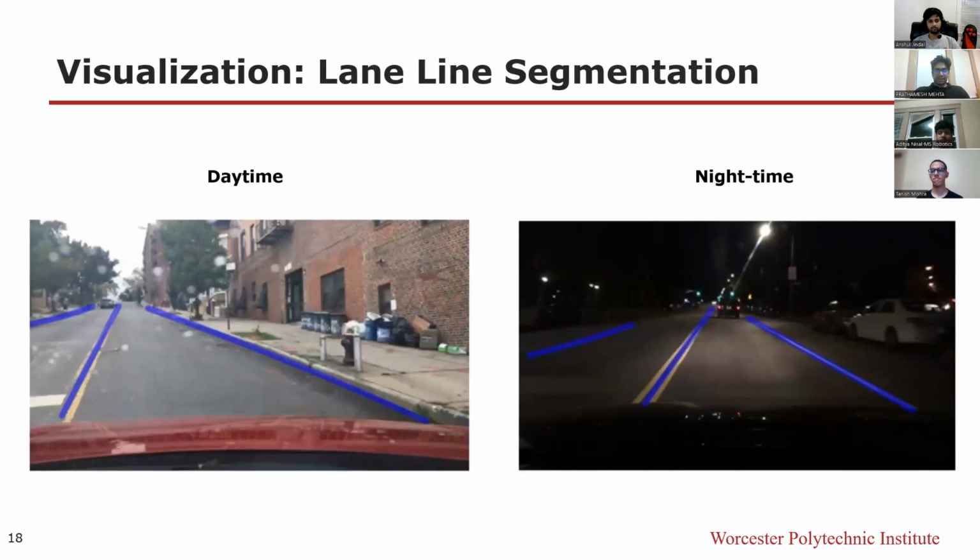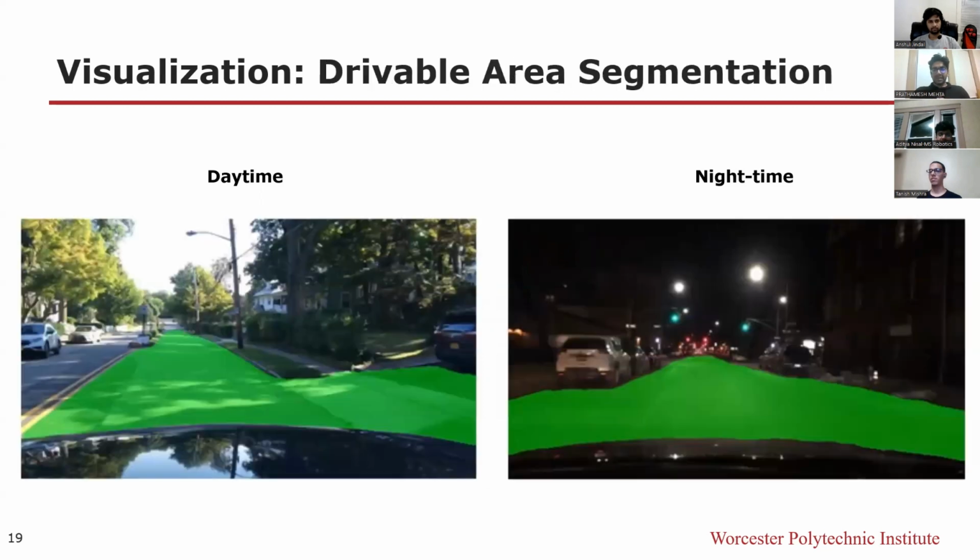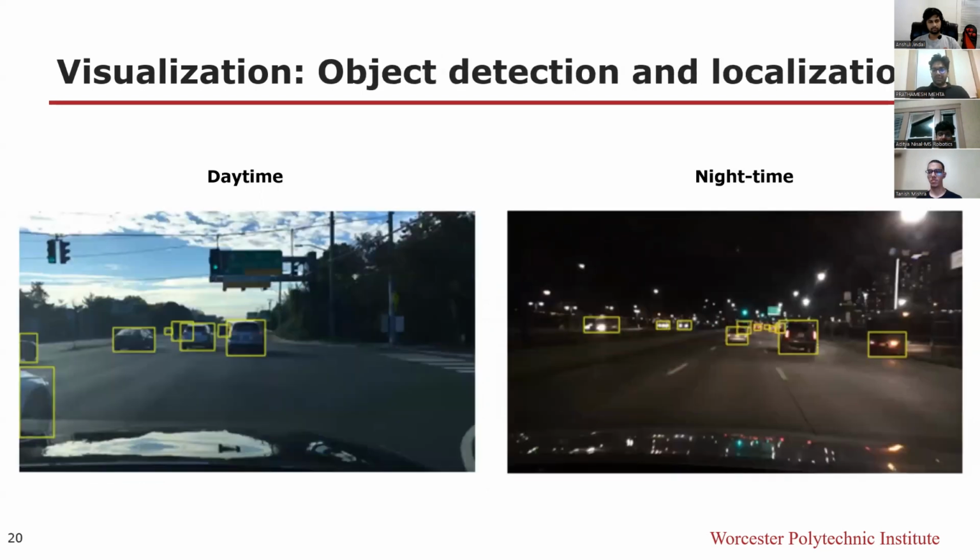We decided to go with daytime and nighttime results because we wanted to make sure that the results were aligned, accurate and streamlined over any type of input given to the system. And here we have the drivable area segmentation, again in daytime and nighttime. Going forward with object detection and localization, which we again did for daytime and nighttime.